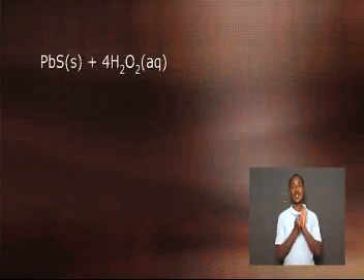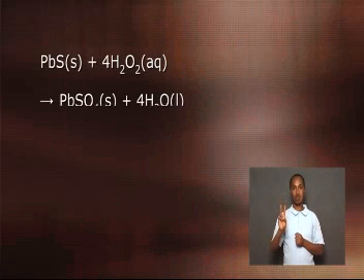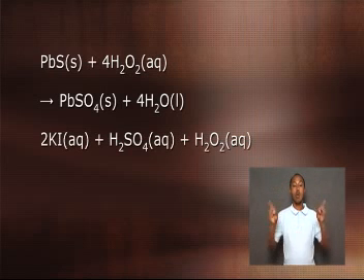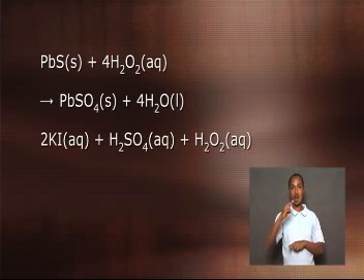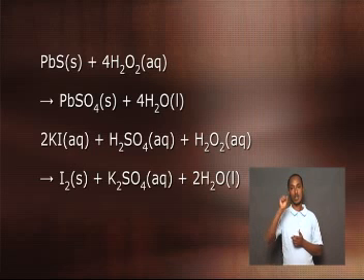For example, when lead sulfide reacts with hydrogen peroxide, lead sulfate and water are formed. When potassium iodide and sulfuric acid react with hydrogen peroxide, iodine, potassium sulfate, and water are produced.